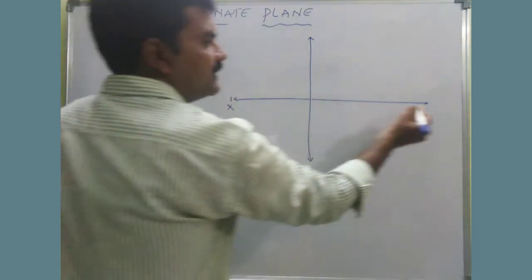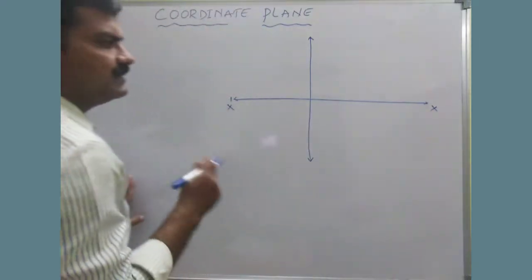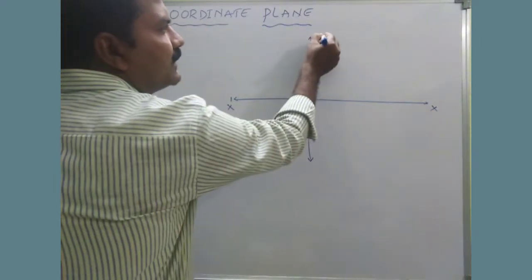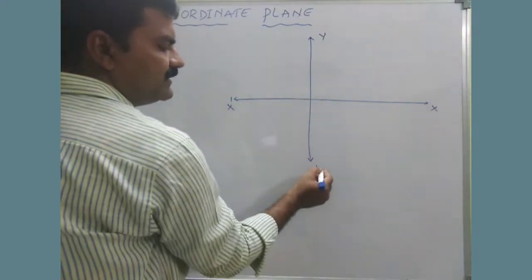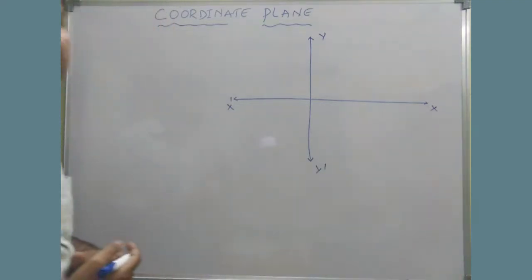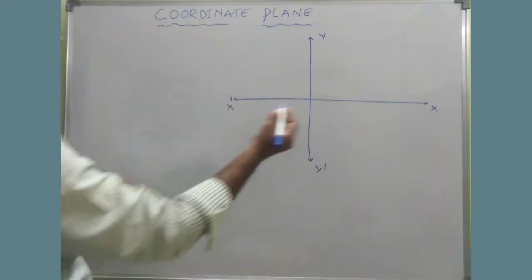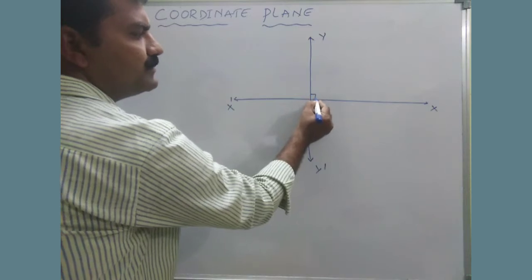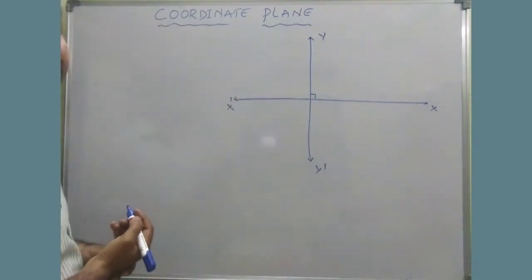Let x dash x be one of the lines and let the other line be y dash y. We consider these two are mutually perpendicular to each other.